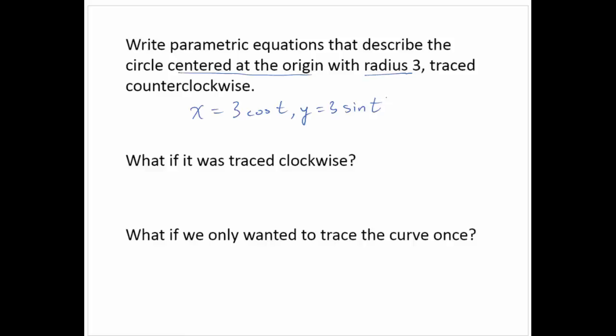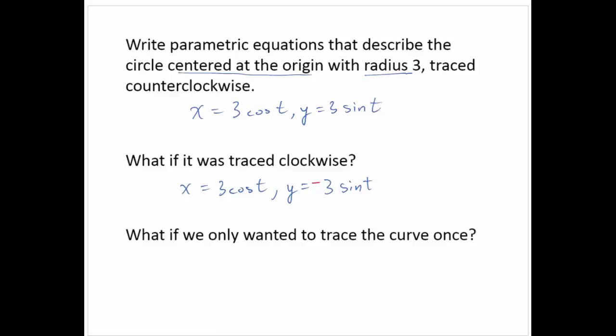How would we make it trace clockwise? To make it trace clockwise, all we need to do is change the sign on the y. So adjust the sign to a negative 3 sine t.